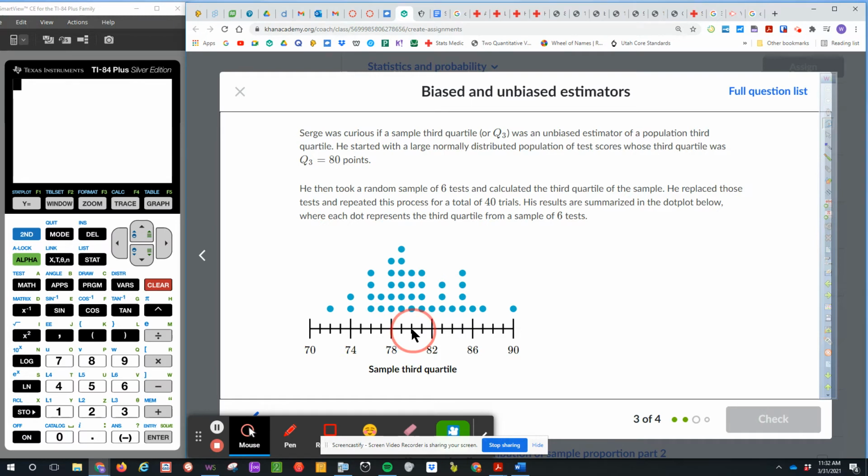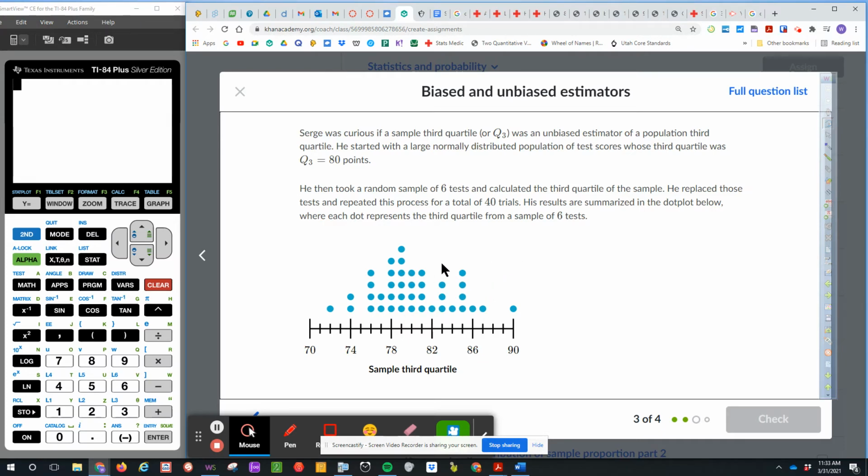So 80 points is right here in the middle, right? He then took a random sample of 6 tests and calculated the third quartile of the sample. He replaced those tests and repeated this process for a total of 40 trials. You should have 40 points here.